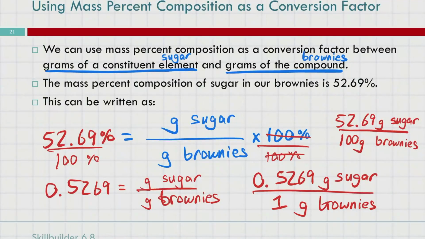I just decided to make it 1 gram of brownies. So we would have 0.5269 for our grams of sugar over 1 gram brownie. Or you can do it with 100 on the bottom, and then it ends up being the same as the percent up on top.